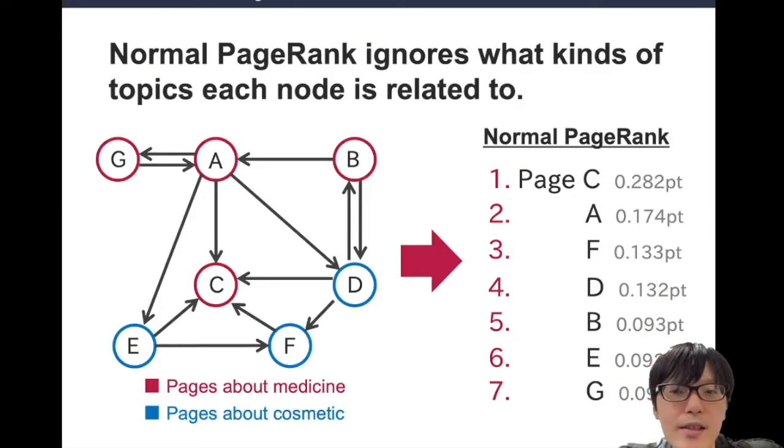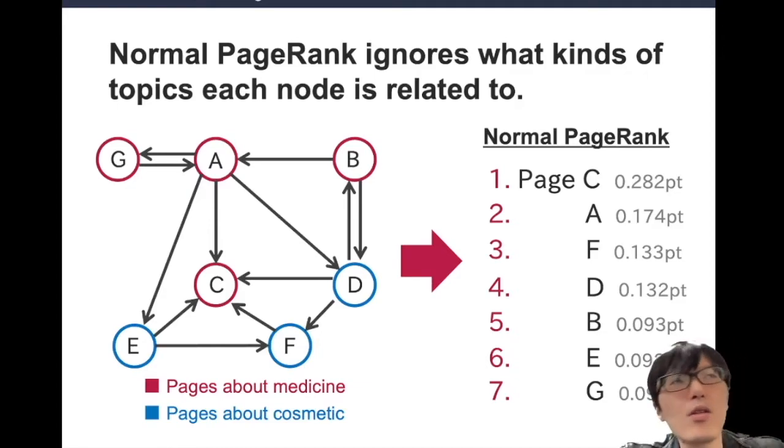If we apply the normal PageRank, which we already learned, to this graph, we can obtain the importance scores of web pages on the right hand side. This information shows the result. As I already explained, the normal PageRank algorithm measures the importance of web pages without considering topics.